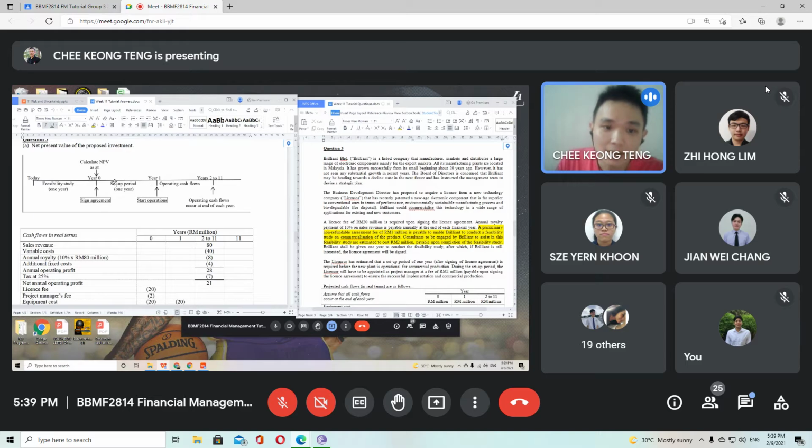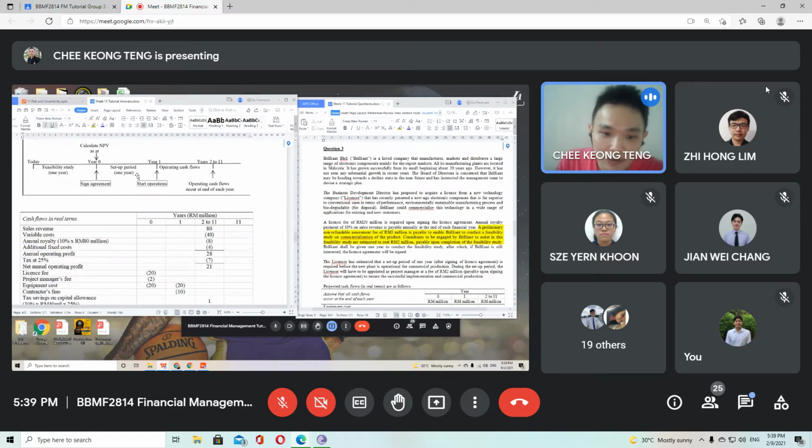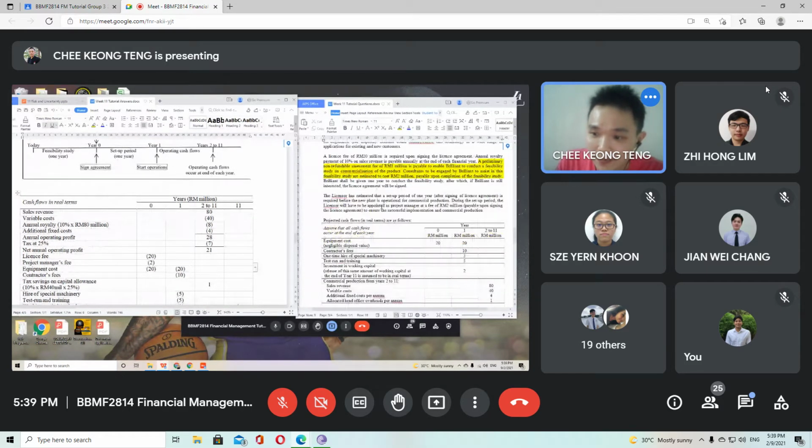In the future, year 1, we have the setup period, which includes the license fees. During the setup period, the licensor will be appointed as project manager, with a fee of 2 million. This one is the project manager, 2 million.